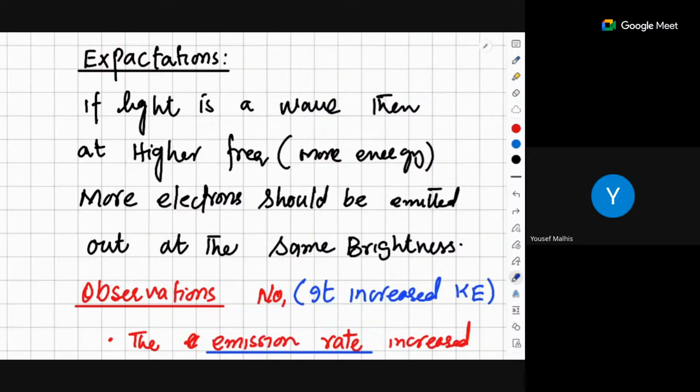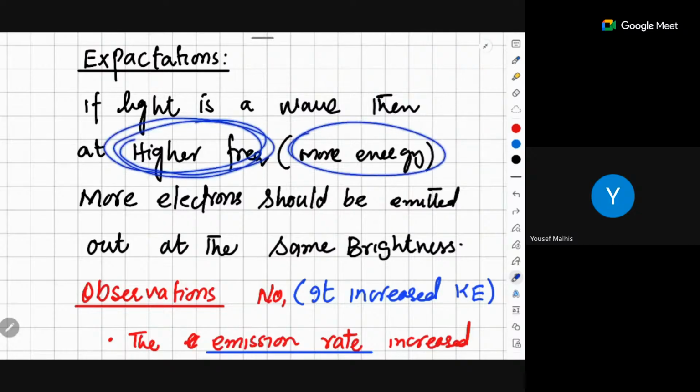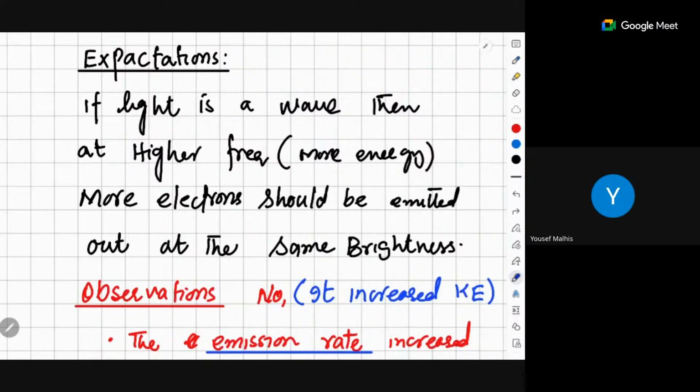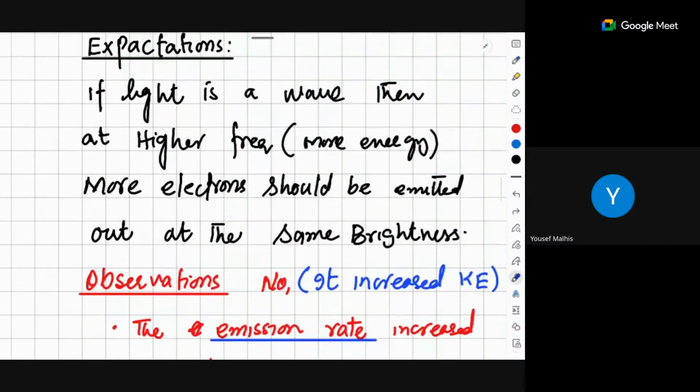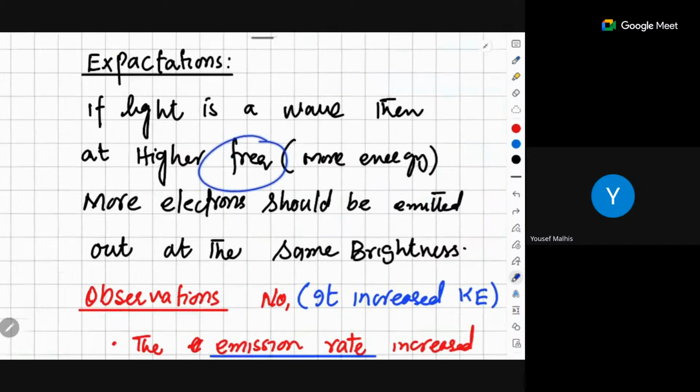Are you getting my point? By chemistry, if I apply more energy to the metal, higher frequency meaning more energy, then more ionization will take place, and the electrons would be liberated more quickly, isn't it? Or more electrons will be there. So basically more electrons should be emitted at the same brightness. If the brightness is kept constant while increasing the frequency, do you know what frequency is?